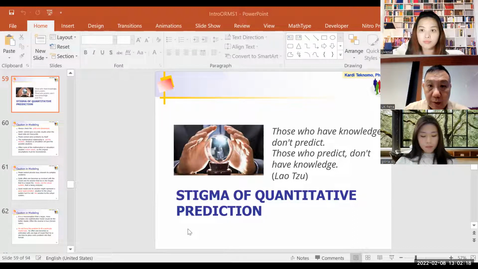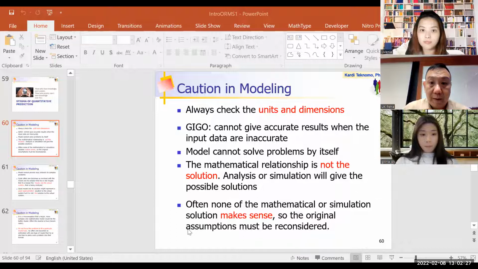In the past, when you predicted something and it was wrong, that was fine, right? But now, in modeling, we use quantitative methods, so it's becoming more precise. Then you need to always check the units and dimensions.